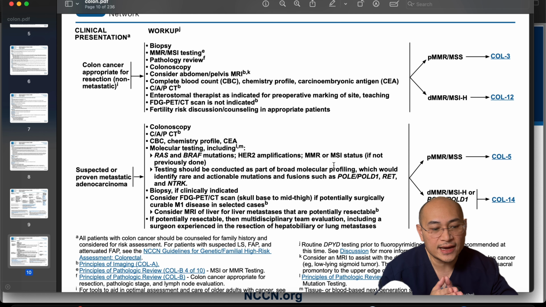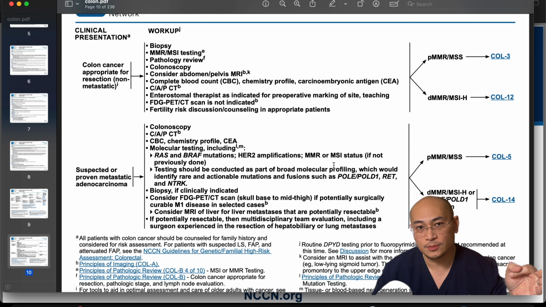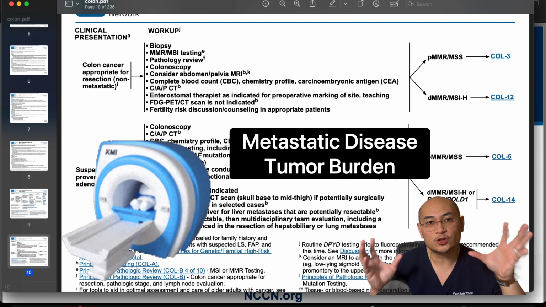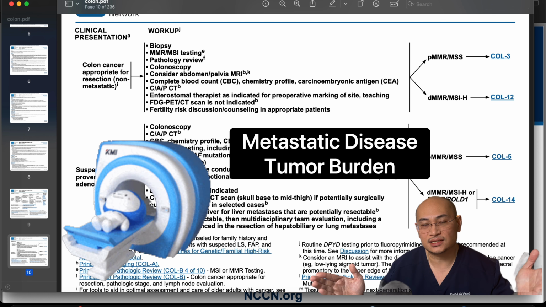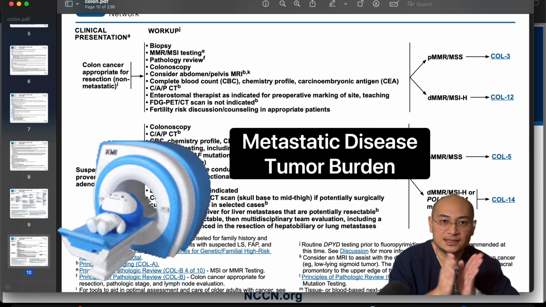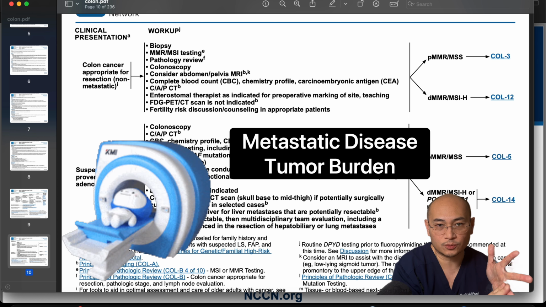So what are the other aspects of the workup? So we underwent the laboratories, the endoscopy, and now the imaging. The imaging shows whether you actually have metastatic disease, and that's basically the gist. If you have metastatic disease, or if your disease is locally resectable.